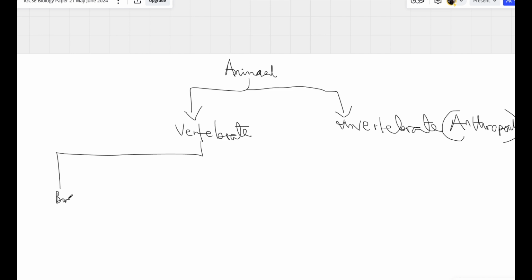So the vertebrate animals are divided into 5 groups. You have the birds, the amphibia like the frog, the reptiles, and the mammals, the most important one.